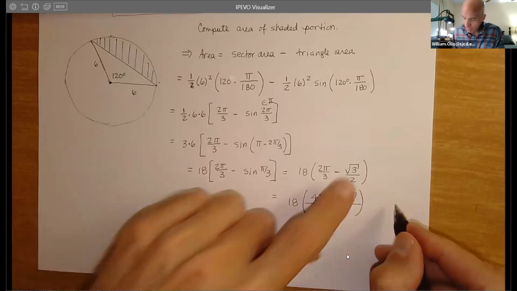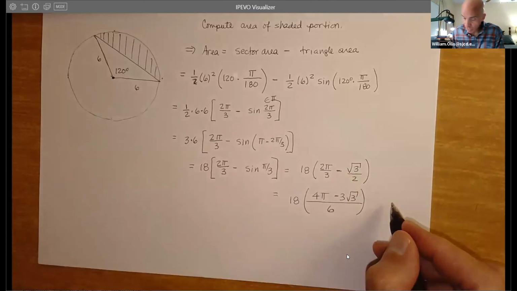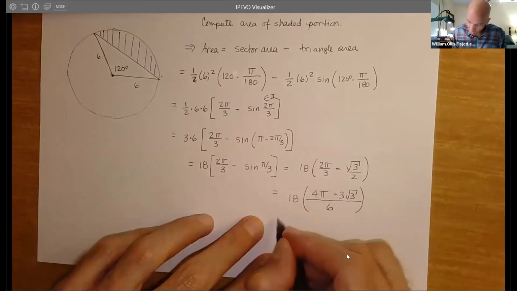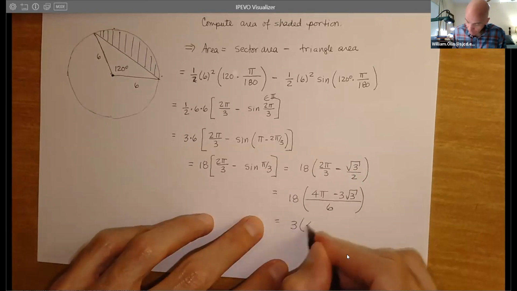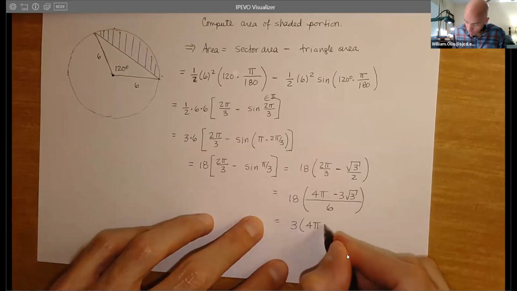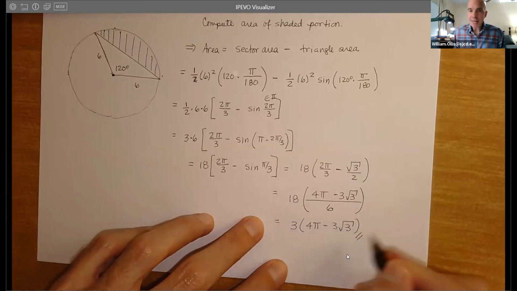So 2 into 6 is 3, 3 root 3, 2 into 6, 3 into 6 is 2, 2 times 2 is 4. So 18 over 6, that'll be 3 times 4 pi minus 3 root 3. And that's your exact answer.